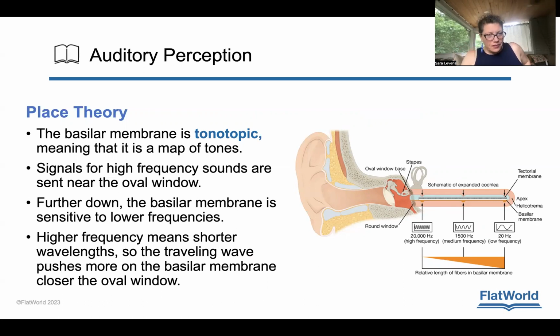High is near the oval window and low is further down the membrane. We mentioned this earlier: higher frequency means shorter wavelengths, so the traveling wave pushes more on the basilar membrane closer to the oval window. Whereas longer wavelengths mean the pressure on the window is different and less frequent.